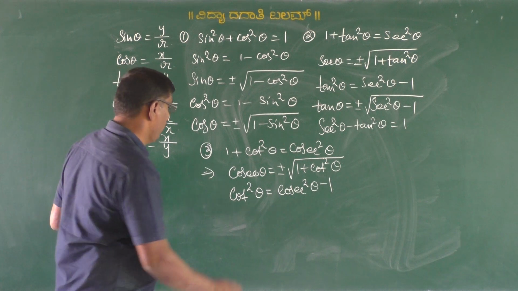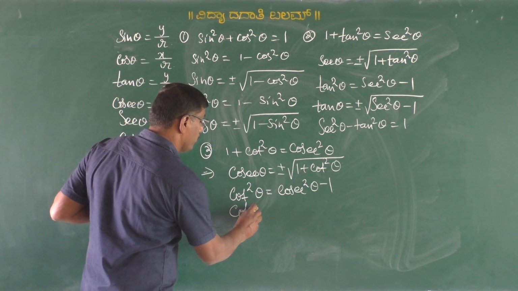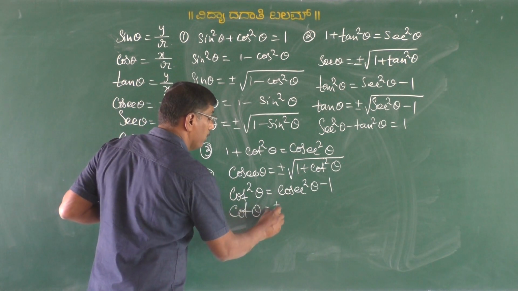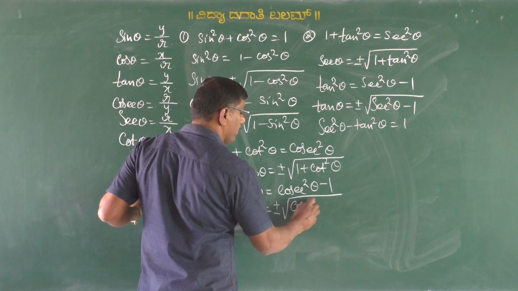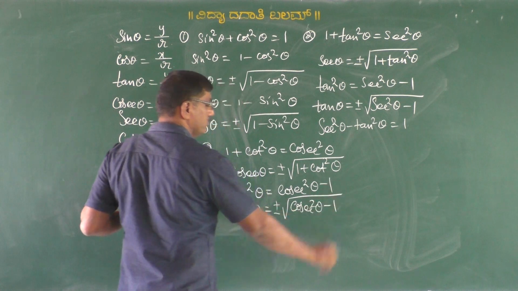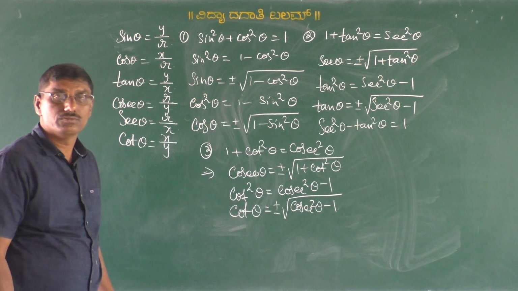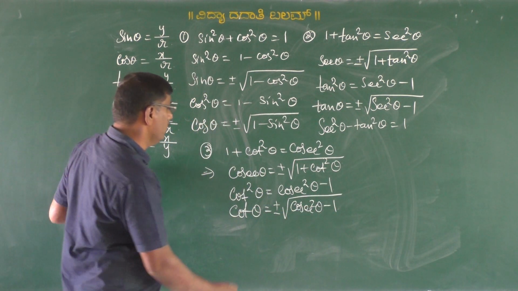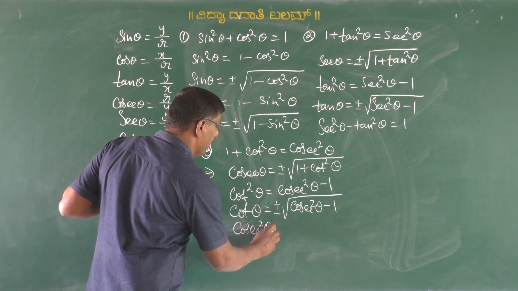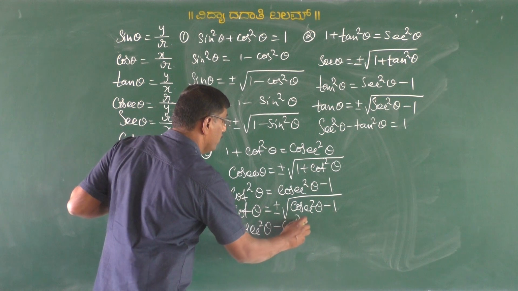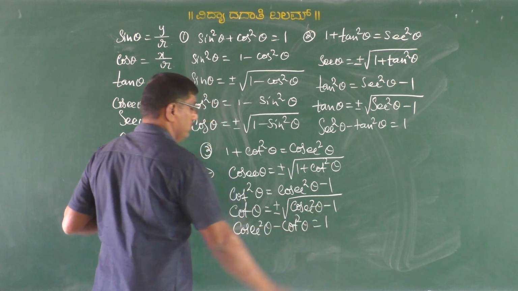Then cot theta is equal to plus or minus root of cosecant square theta minus 1. The last one is cosecant square theta minus cot square theta is equal to 1.